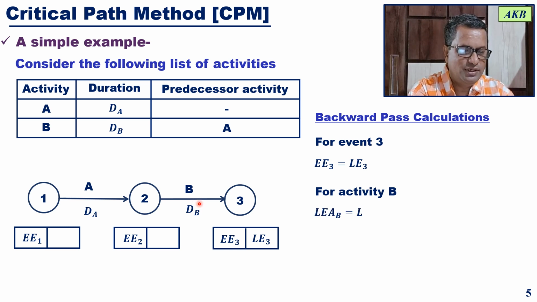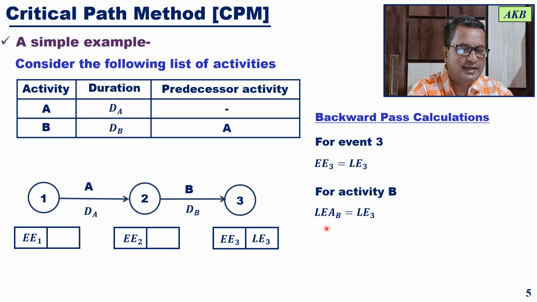Now we are moving from the end event to the first event. What is to be done? For activity B, the latest end time of activity B will be equal to the latest event time of event 3. So the latest end time is equal to the latest event time. The latest end time of an activity is equal to the latest event time of the head event.